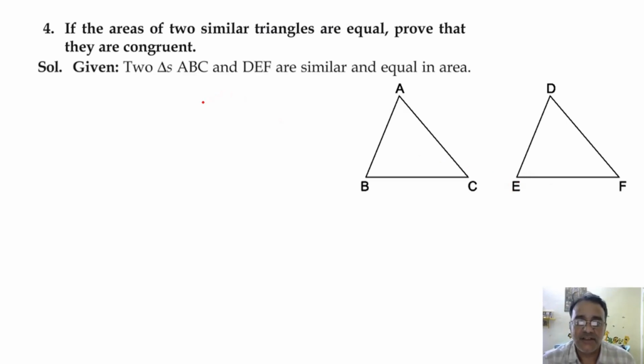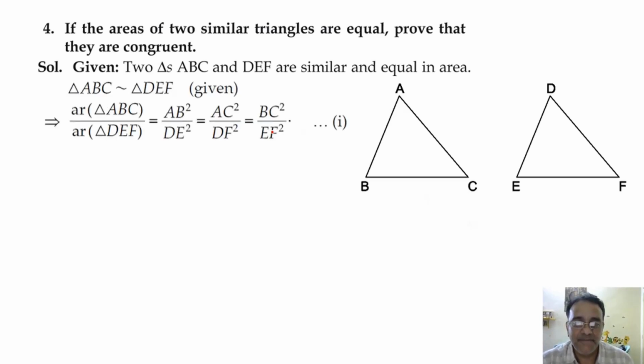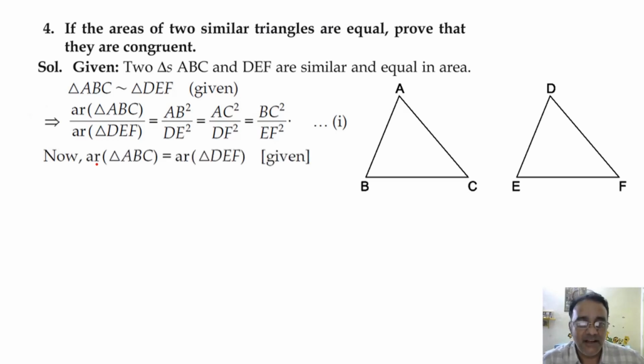So first, if these two triangles are similar, then the ratio of their corresponding sides are equal. And we know that the ratio of the areas of two similar triangles is equal to the ratio of the square of their corresponding sides, and it is given that these two triangles are equal in area.